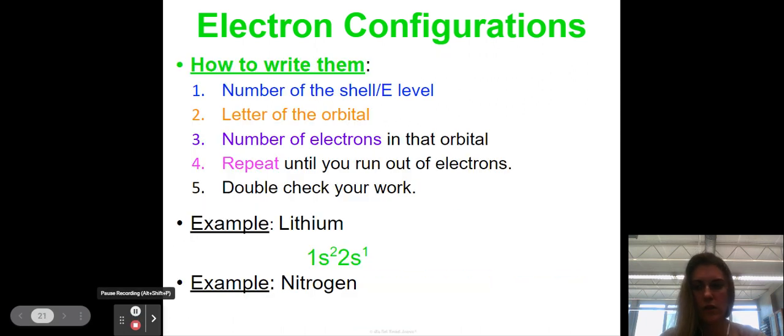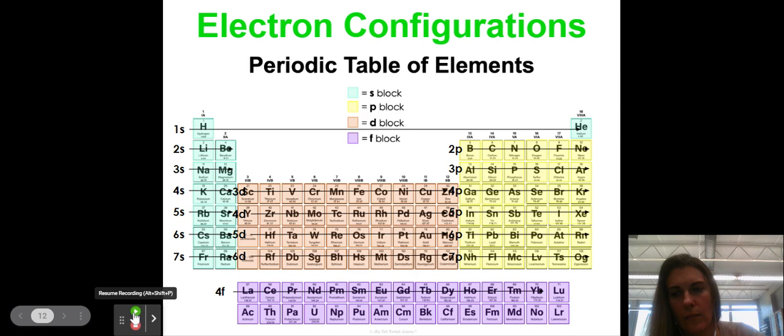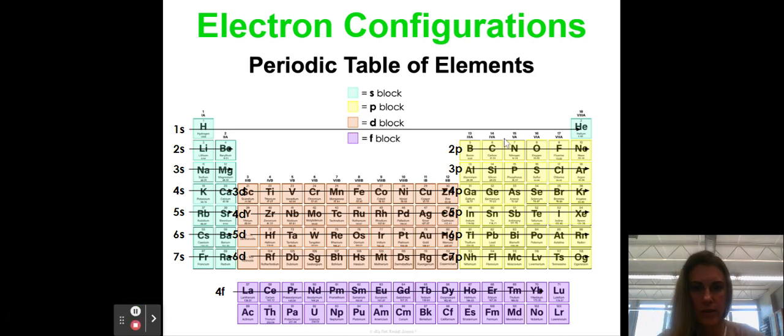And then we have nitrogen. Let's try that one. For nitrogen, which is right here, again, we'll start at the top here. So we're going to fill this completely, 1s2. We're also going to fill this completely, this orbital, 2s2. Now we're still in the same energy level, but now we're hitting a different orbital in sublevel.